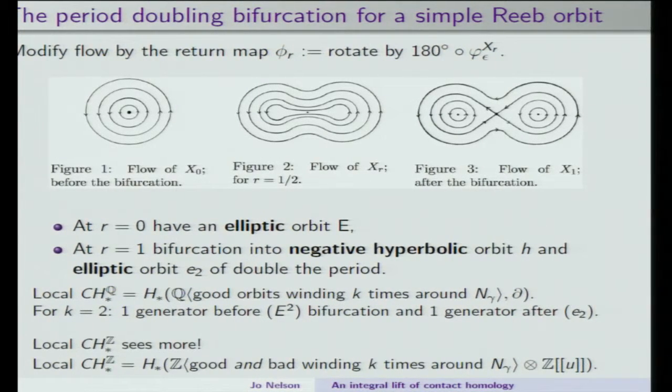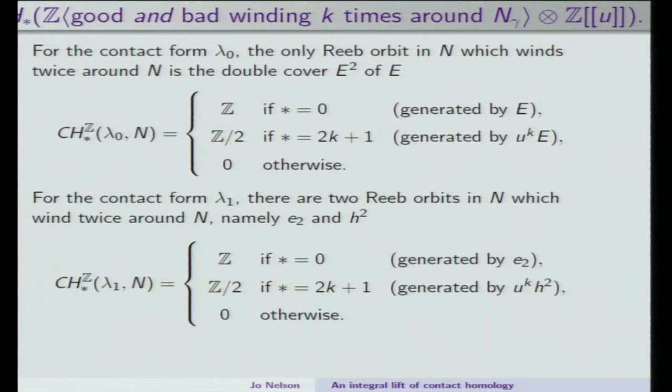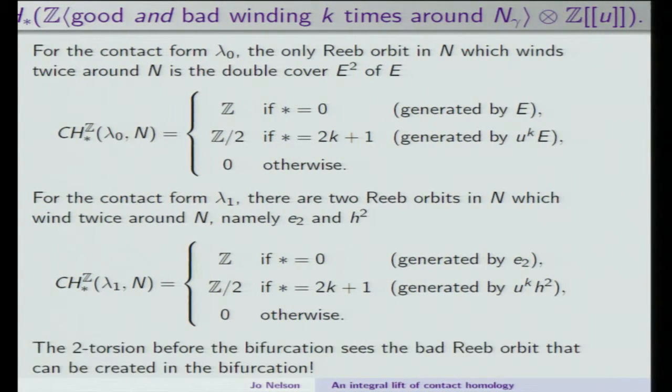And then local integral contact homology is going to see a lot more. In particular, it's going to pick up some Z mod 2 torsion from the likelihood of a good elliptic orbit to turn into a negative hyperbolic orbit, which is written down here, but no one can see that.